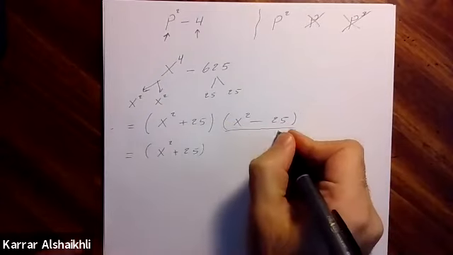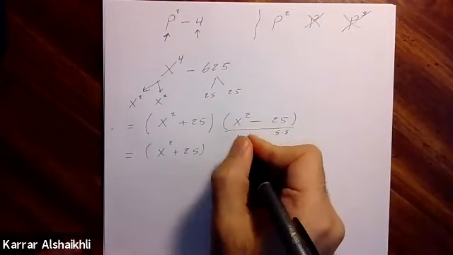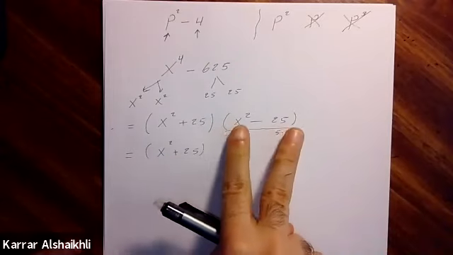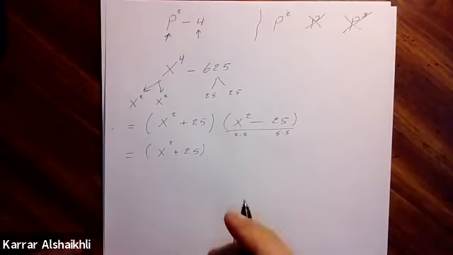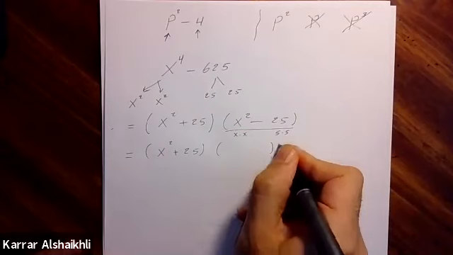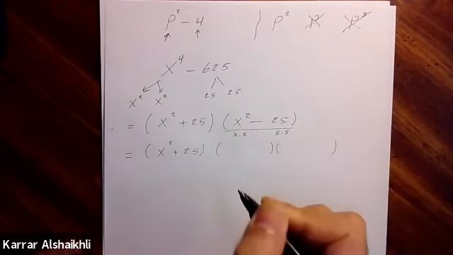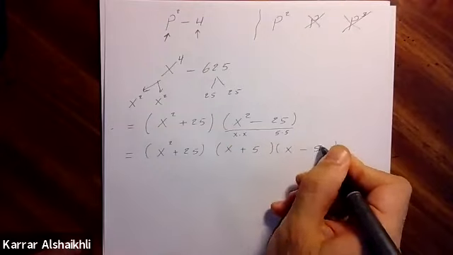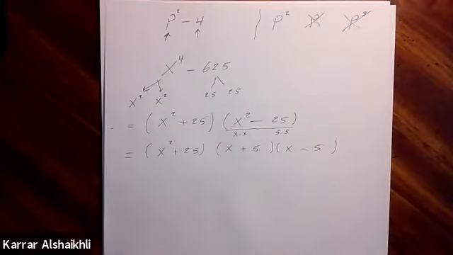Because I'm gonna say the 25 is 5 times 5, and x squared is x times x. So I'm gonna use the difference between two squares on this part. You're gonna open another two parentheses: x plus 5 and x minus 5. Now this is the solution.